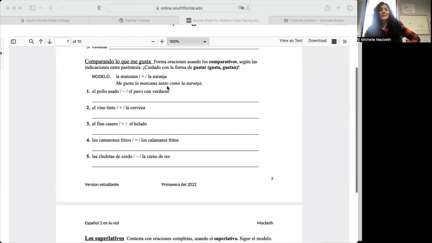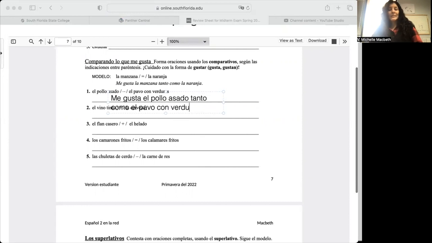So this is saying just as many. So let's use that one as a comparison. We use this as an opportunity to do tanto como. Me gusta el pollo asado tanto como el pavo con verduras.